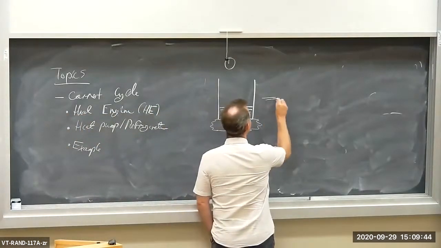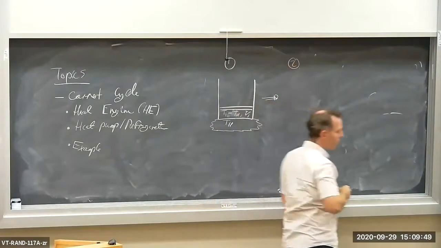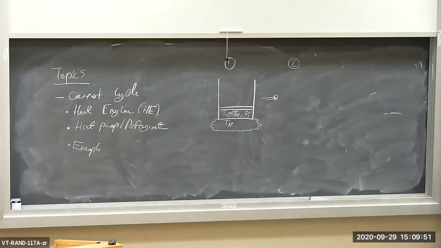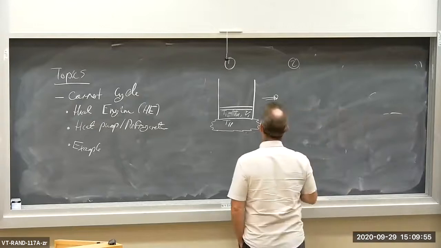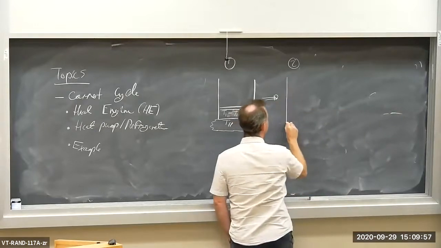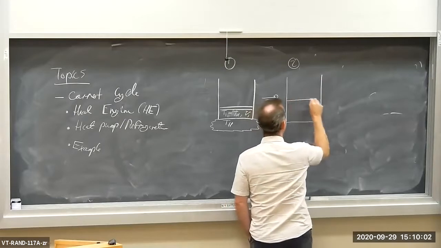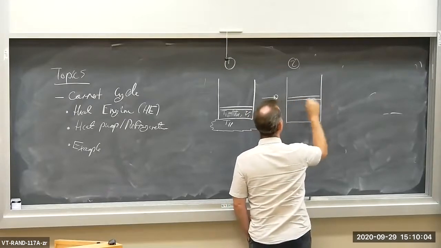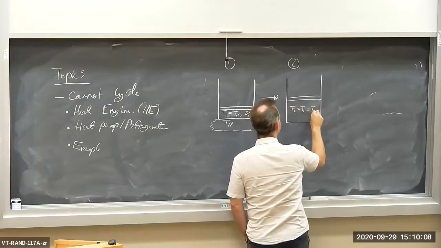Now, we're going to go to state two. What is state two? Well, we're going to let our system, our air, expand isothermally from state one to state two. So this is going to be an isothermal process. Going to have some expansion going on here. So T2 is equal to T1 equal to T high.